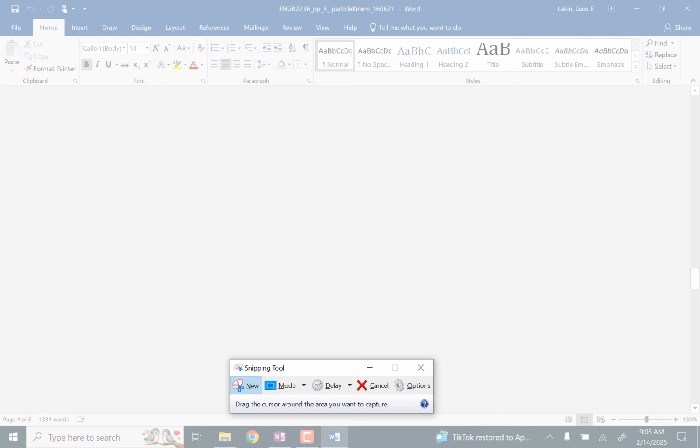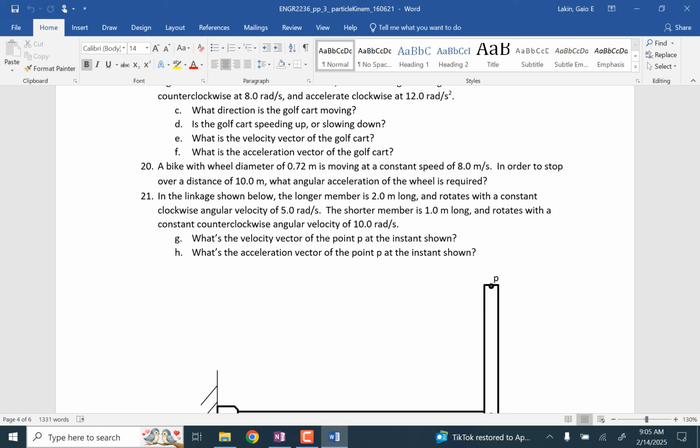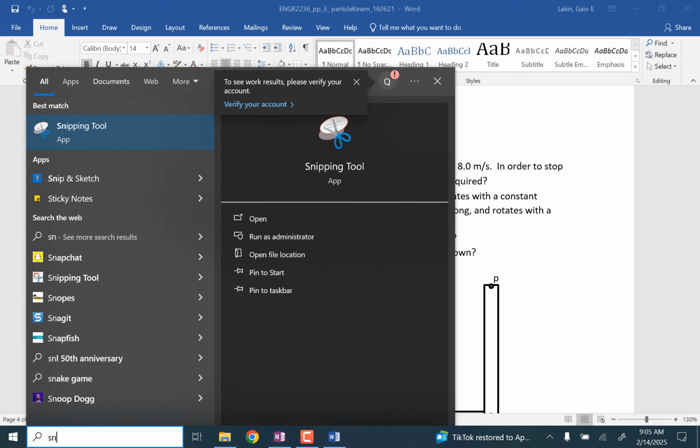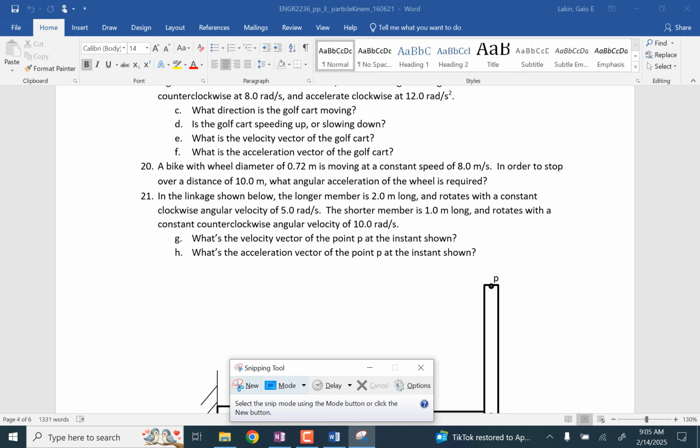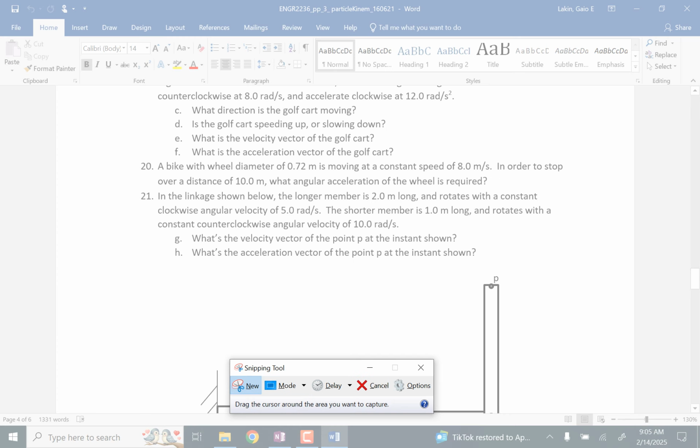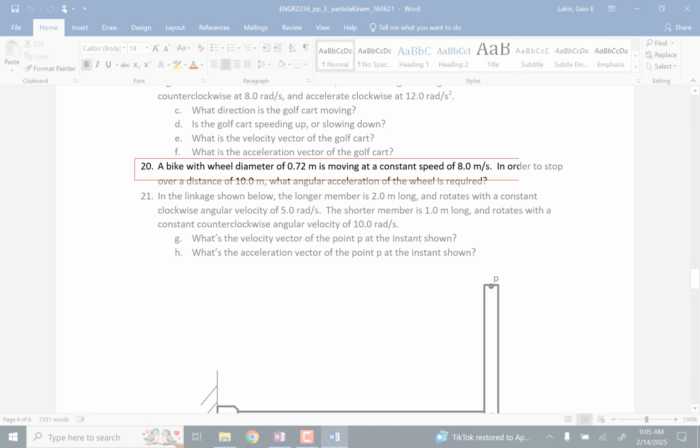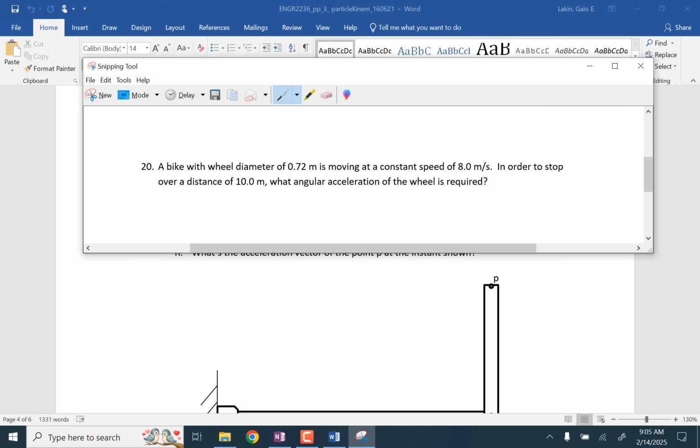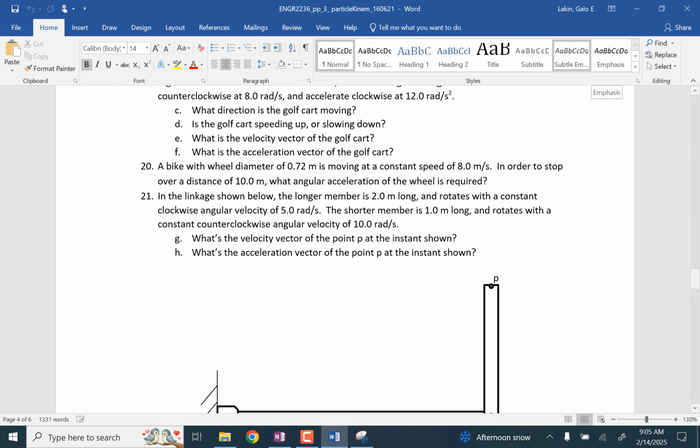Oh my God, my computer is going crazy today. Do Windows Shift S for the hotkey. You guys always, everything I know about computers is from you guys.